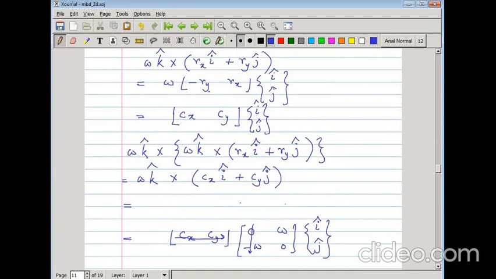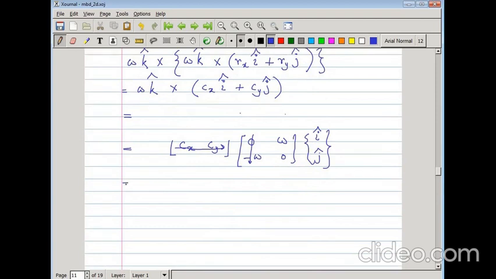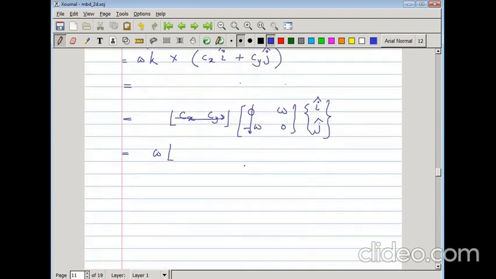So now already we know that Cx is minus omega Ry and Cy is omega Rx. So here we put omega, Cx is minus Ry, omega Ry, Rx, 0, omega, minus omega, 0, i.